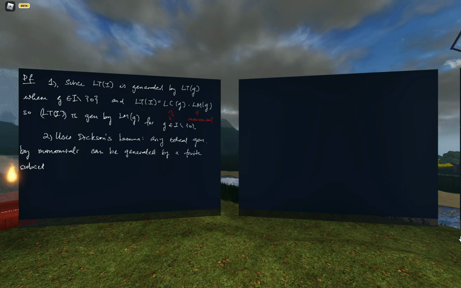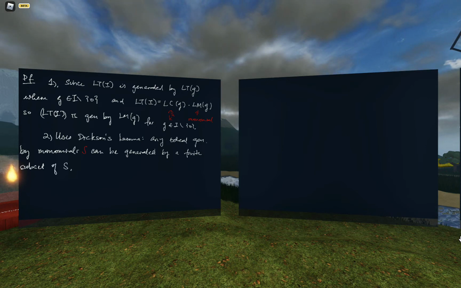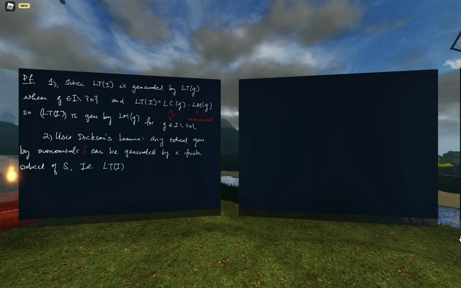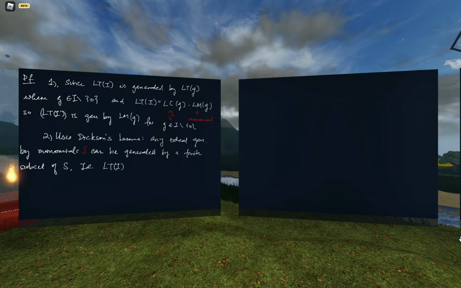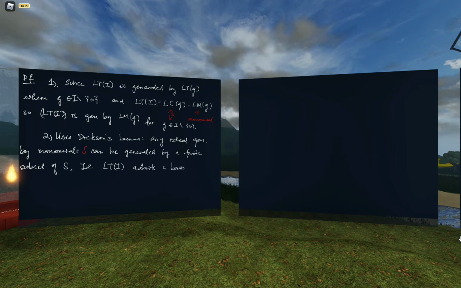What should I say? Monomials. Maybe I'll say S. Is S a good thing to use? Yeah. Can be generated by a finite subset of S, right? And so LT(I) admits a basis. I'll just write that, a basis.